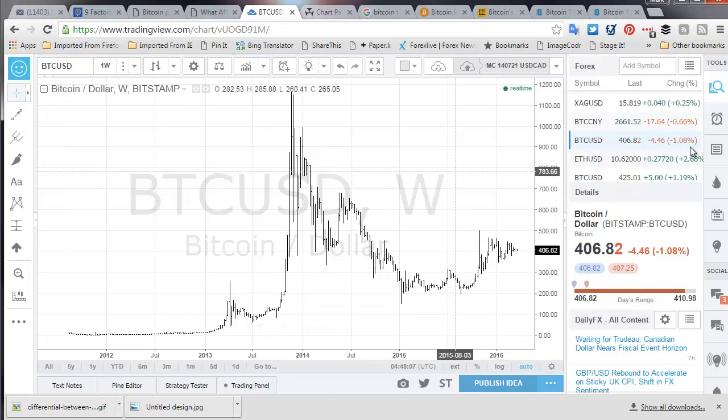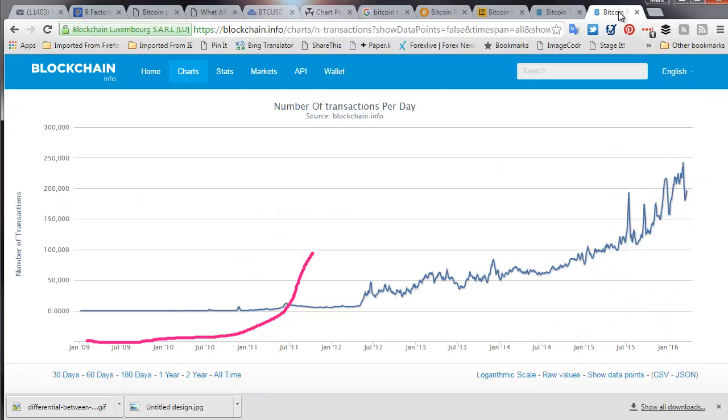The first thing that strikes me is that we do have this shape. It's much more extreme than the transaction chart would suggest. If I go back to the transaction chart, you see that's the sort of shape.